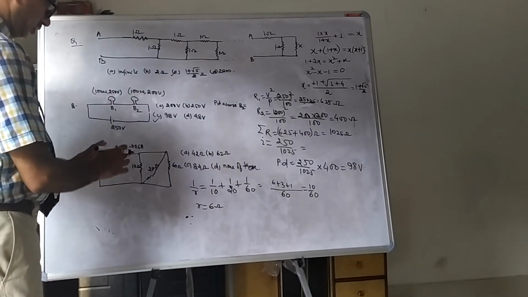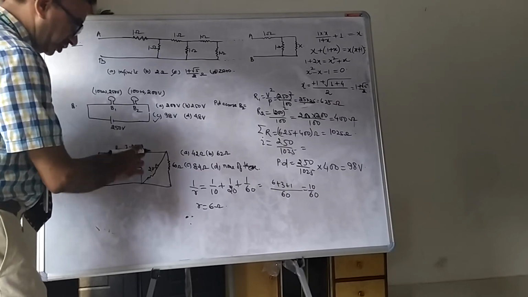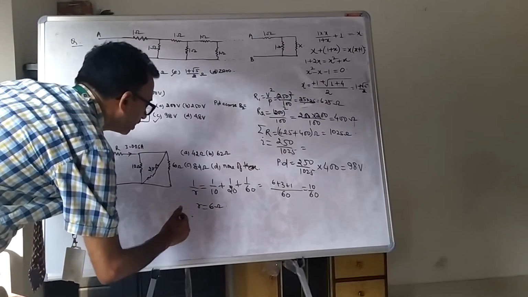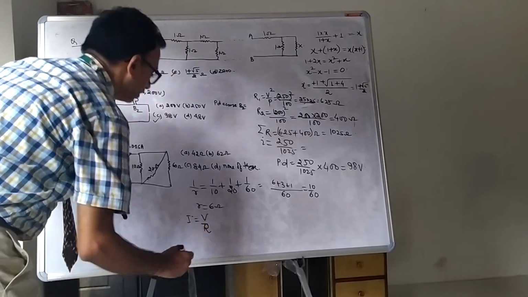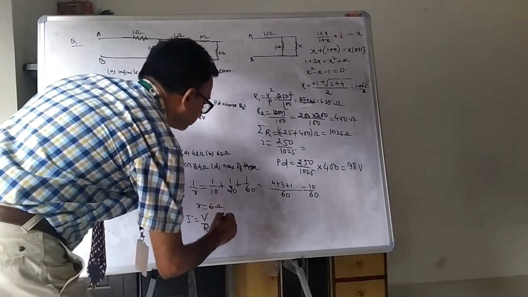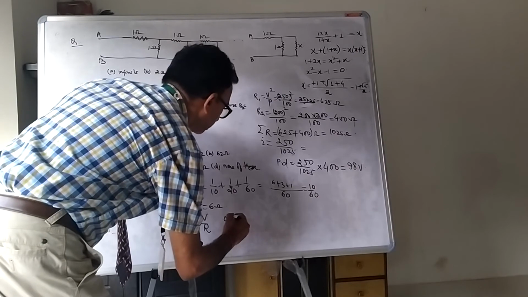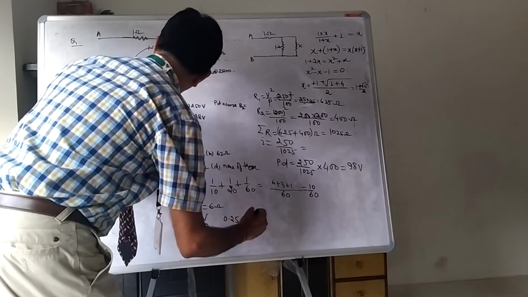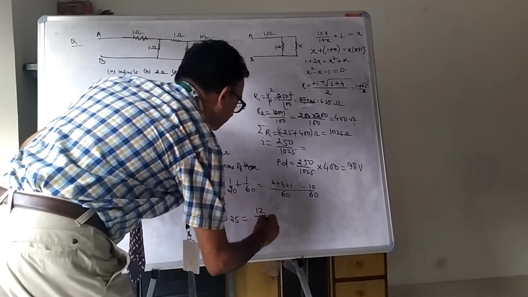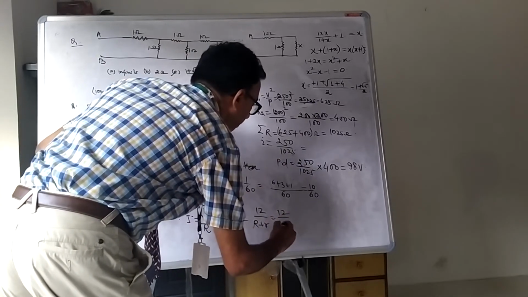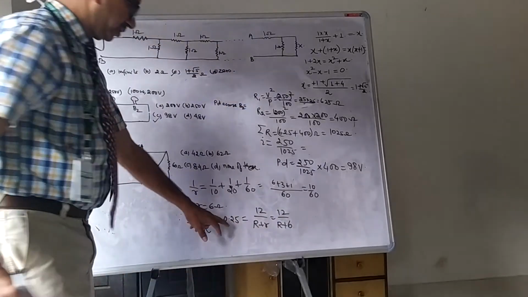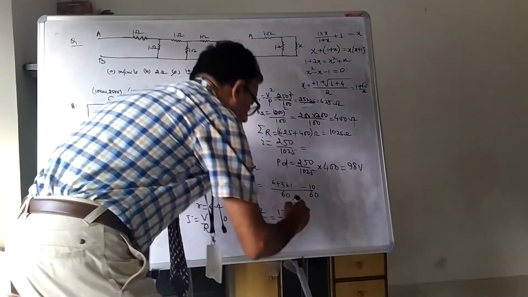Now the current is 0.25, and since I equals V by R, 0.25 equals 12 divided by capital R plus small r. So 12 divided by capital R plus 6 equals 0.25.